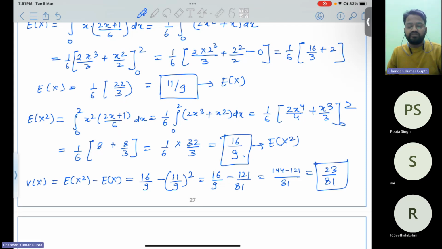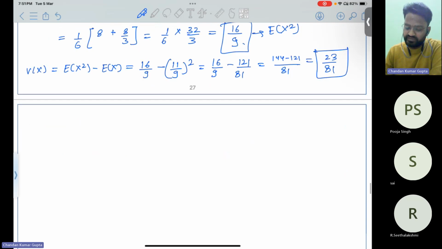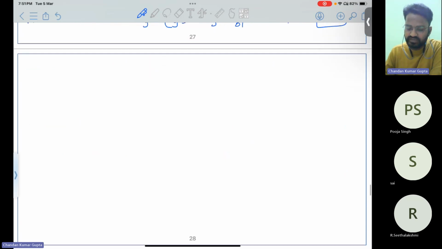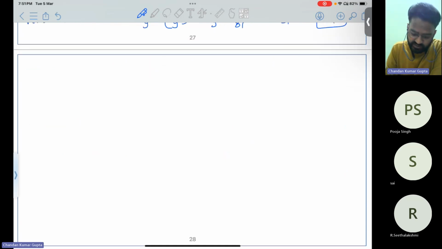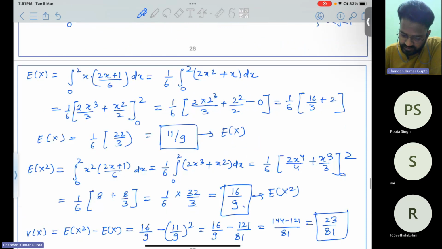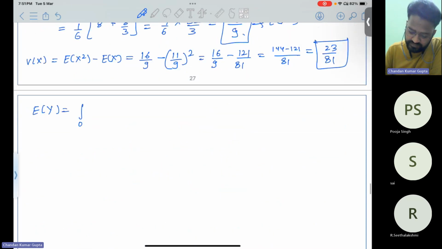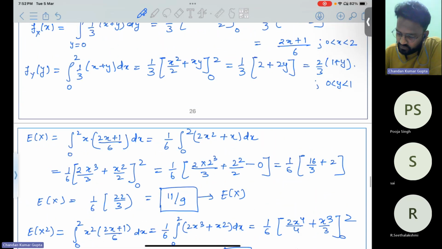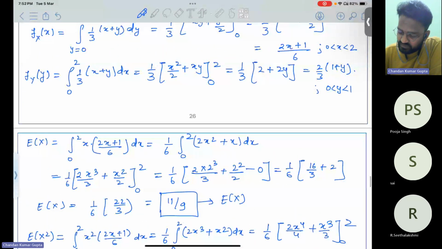In a similar manner, we will calculate the variance of y. The expected value of y, since I have already calculated, let me write it like this. Expected value of y: y ranges from 0 to 1, y into the marginal of y, which is 2 by 3, 1 plus y.